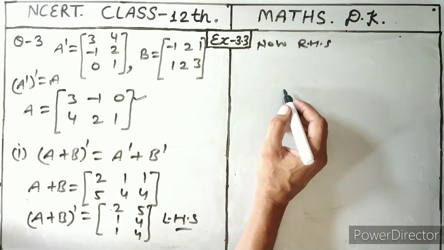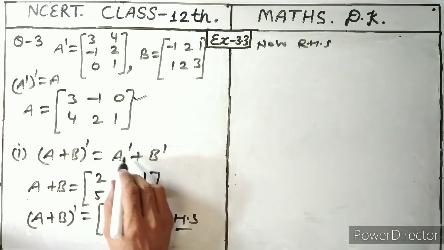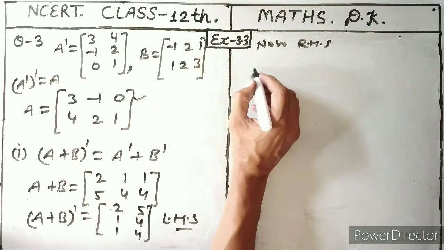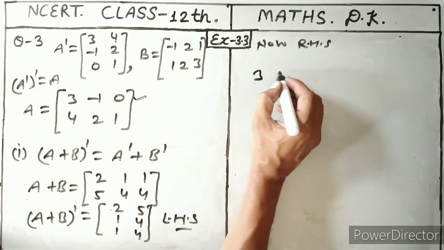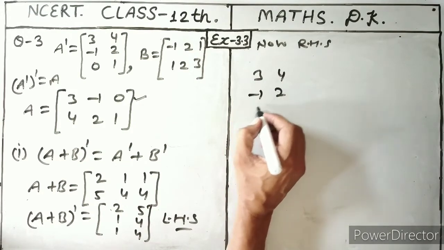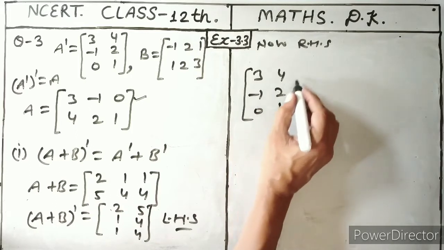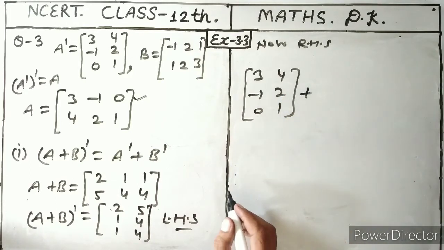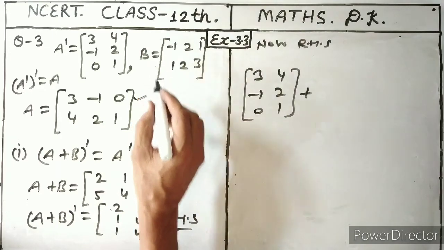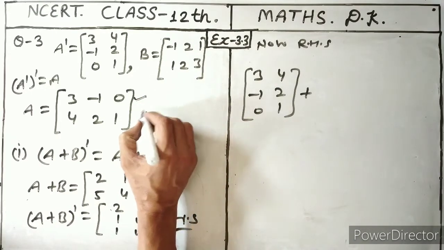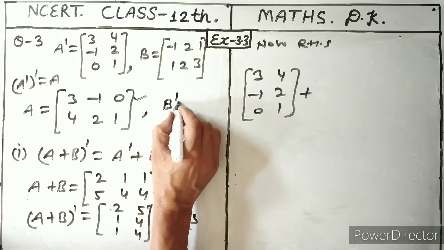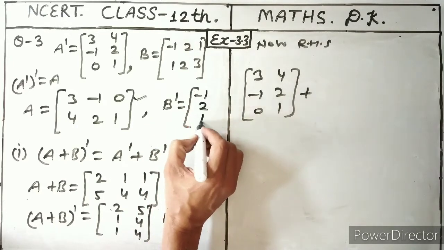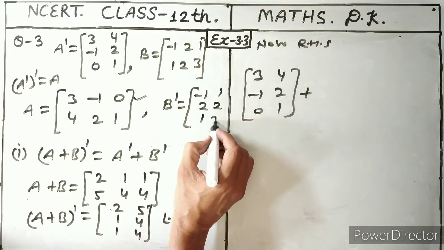In the right hand side we find out A transpose plus B transpose, and here we have A transpose. A transpose is 3 4 minus 1 2 0 1. This is A transpose plus B transpose. We find out here B transpose. B and its transpose is minus 1 2 1 1 2 3.